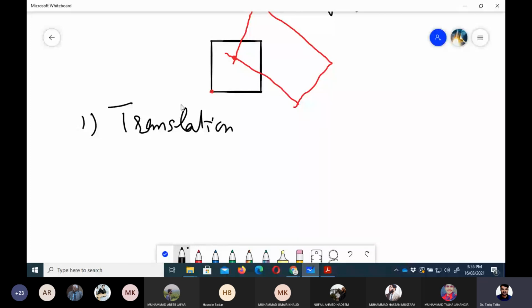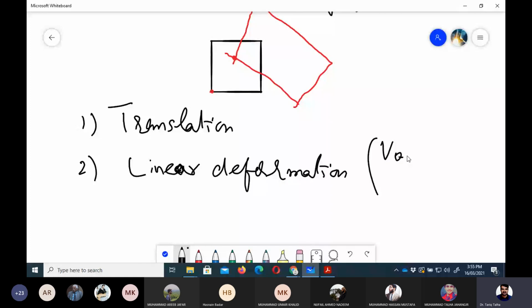Okay, what other thing we can see here is linear deformation. Linear deformation means that its volume has changed. Then the third thing is the rotation.